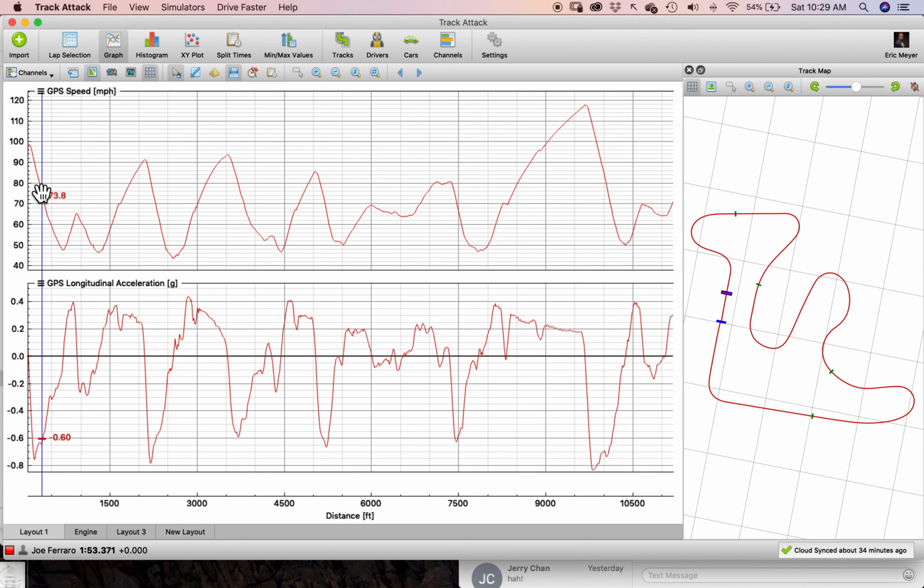So, okay, we're going to go around the track again, and we're going to make these correlations, right? And in this case, we're doing a big old handful of throttle, probably third gear, right? Then we come into the corner, and here's where we're braking, right?